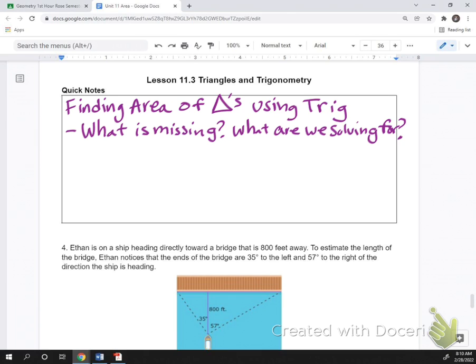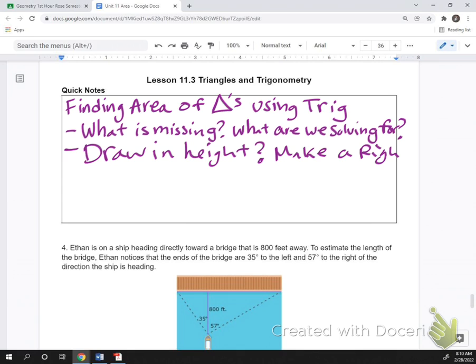Am I given the area and I'm finding the base or the height? Think about what you're trying to solve for. Do you need to draw in the height to solve this? Meaning, do you need to make a right triangle? Do you have to make one?